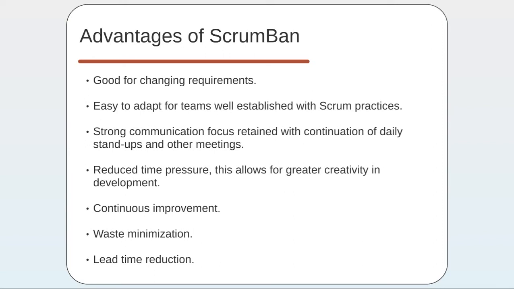it's easy to adapt for teams which are well established with Scrum practices. As TechSupport members, we were really good with Scrum practices. Most of the team members had more than 1.5 years of experience in Scrum, and it was really easy for us to switch to this ScrumBan method.